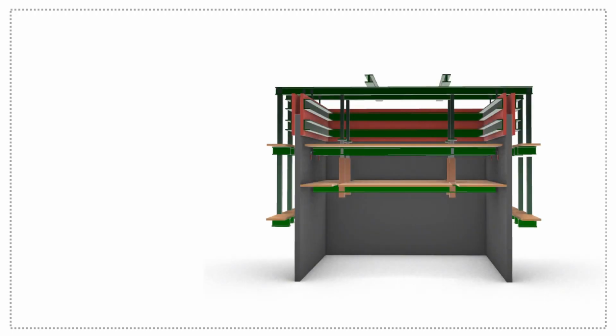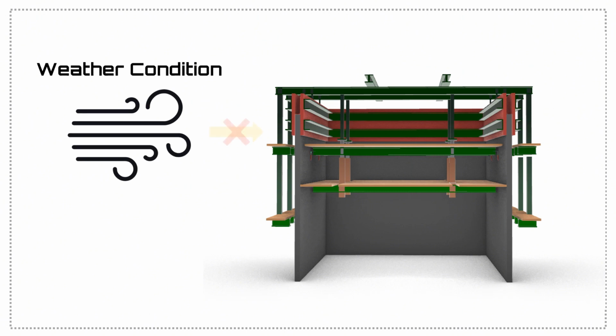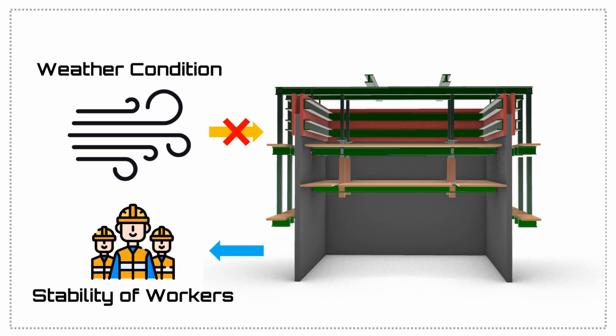In addition, the CCTV construction site chose a hydraulic climbing system due to the nature of the hydraulic jack, which is not significantly affected by weather conditions, and for the stability of workers in high-rise work.